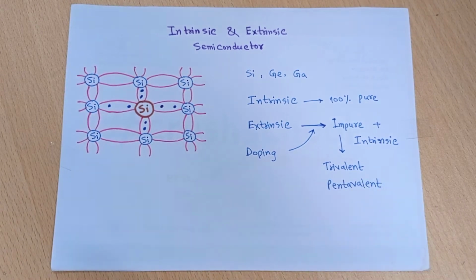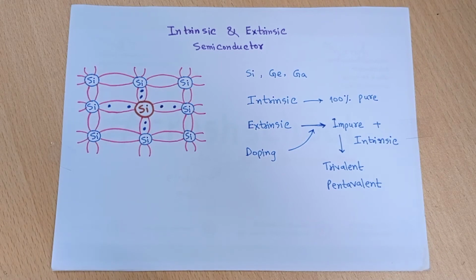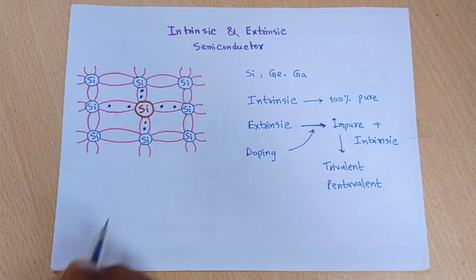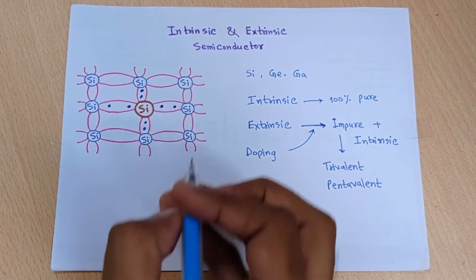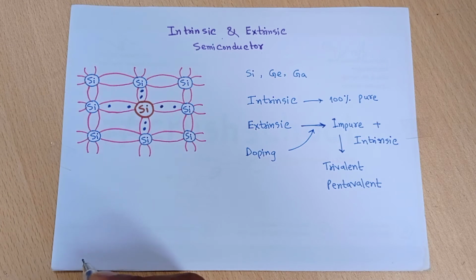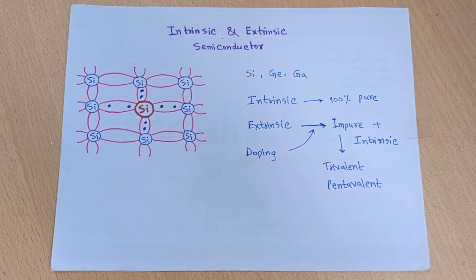So why do I use these two types? Because our real or pure semiconductor contains only four valence electrons. Because of these four electrons, the intrinsic material of any semiconductor is called tetravalent material.